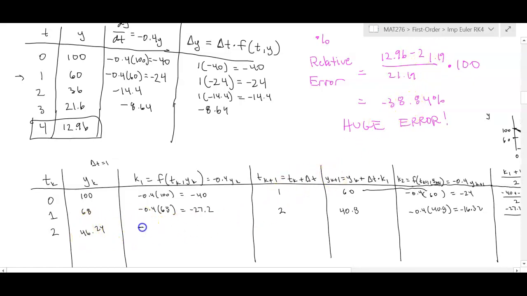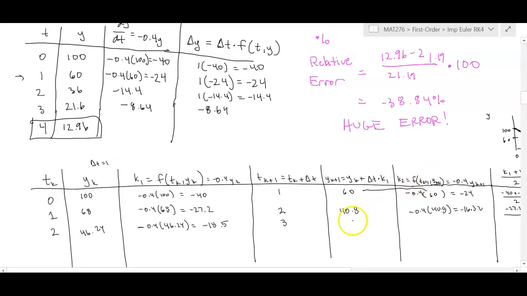So repeat this process. Negative 0.4 of 46.24 comes out to about negative 18, we'll just round it to negative 18.5. It's good enough. Okay, so the time 3 value, if we were using standard Euler's method, would be the 46.24 plus the negative 18.5.